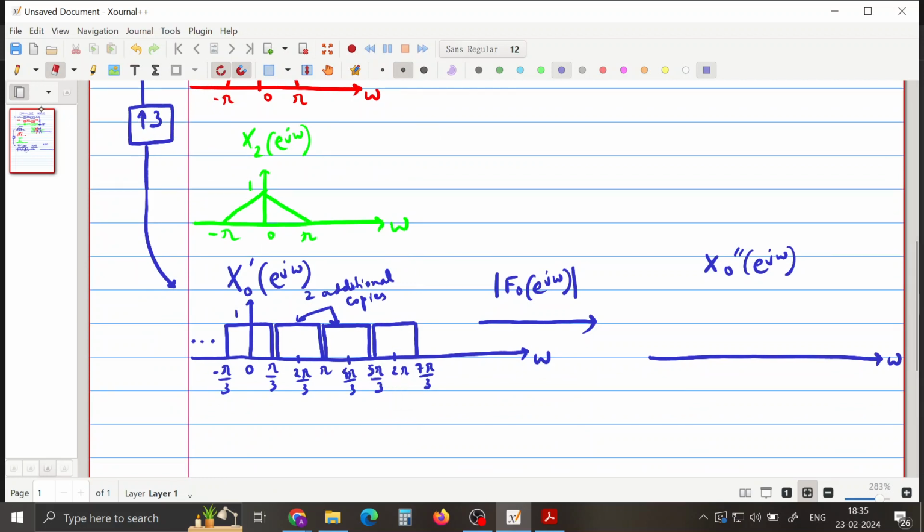So it gets filtered by f naught of z, and only the portion from pi to 5 pi by 3 will exist. So what kind of spectrum do I get here? If I label this at 0, it is from pi to 5 pi by 3.